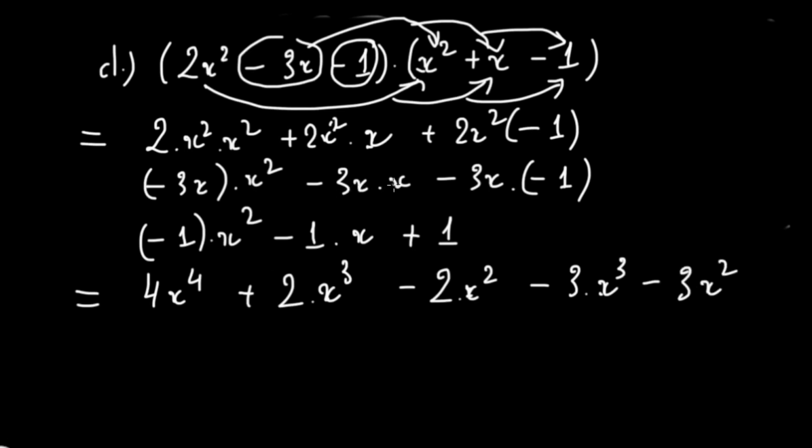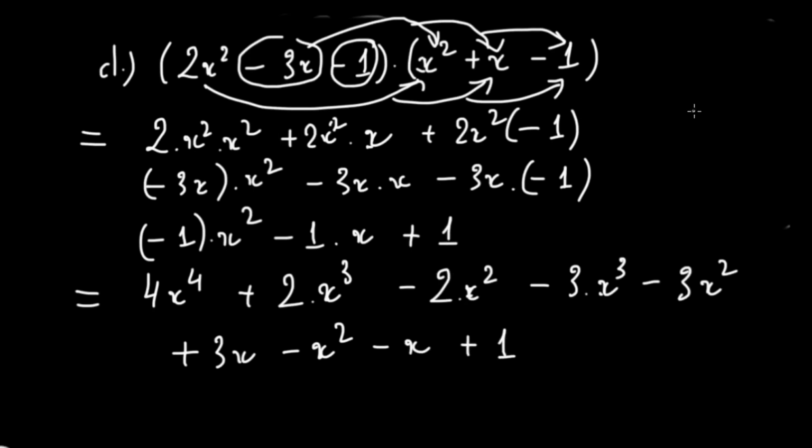See, x times x is x squared right here. Minus 3x times negative 1, you get positive 3x right here, right? And then right here, negative 1 times x squared, you have negative x squared. This is negative 1 times x, you get minus x, and plus 1.